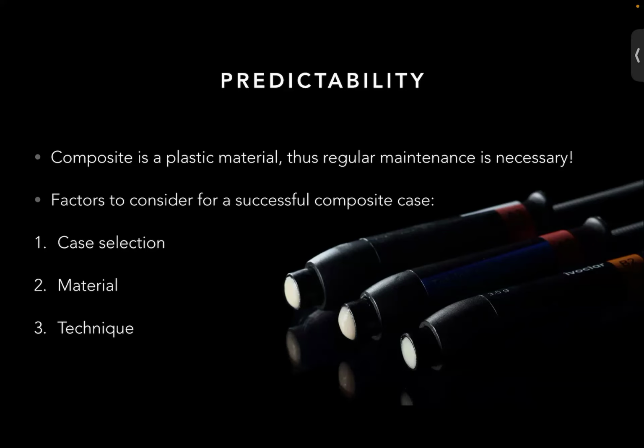Right? If you understand these 3 points and you select cases, you use the right material for that specific case, and you use the best technique you can, there is almost no or very little chance that your composite is not going to be a good case or not going to give a good result.